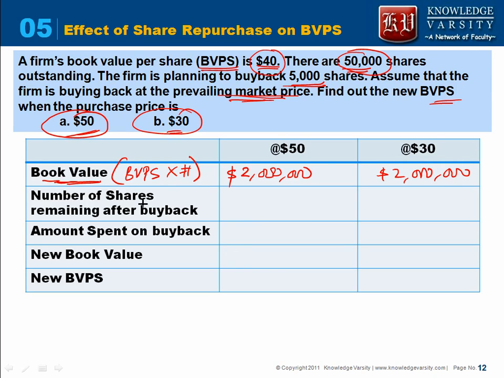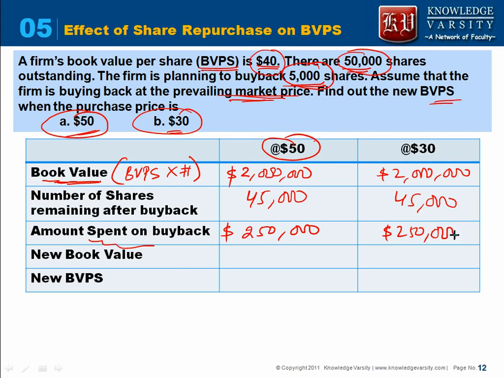Okay, how many shares remain after buyback? They are buying 5,000, so the number of shares remaining after buyback is 45,000. Now how much is the amount spent on buyback? You are buying 5,000 shares by spending 50 on each, so the amount spent is 50 into 5,000, which is 250,000.